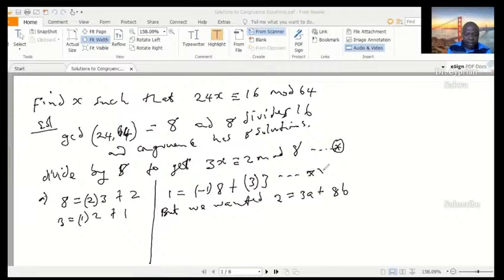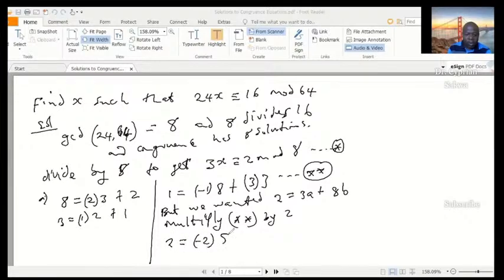We call this one double star. Multiply double star by 2, and when you do that, you have 2 equals negative 2 multiplied by 8 plus 6 multiplied by 3. And so our x1 is 6.